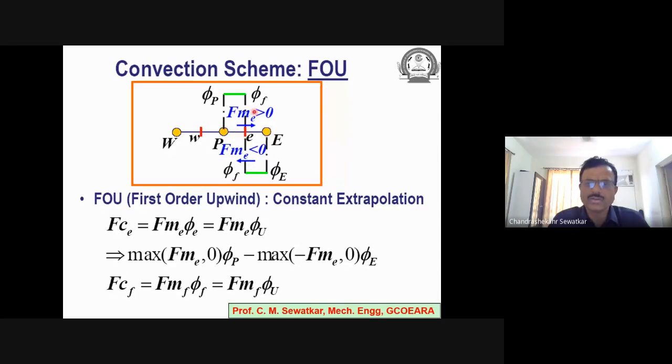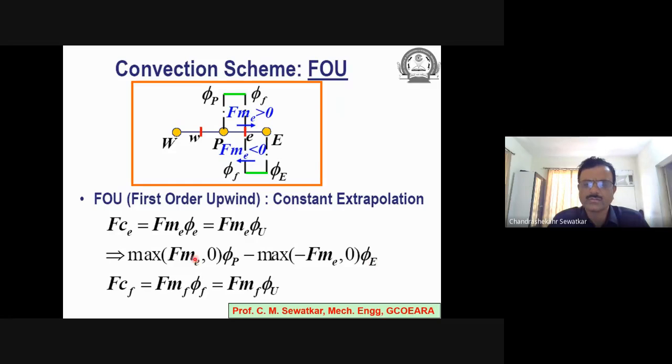So which value shall I use, phi_P or phi_E? Phi_P is to be used when my flow is in positive x direction. Phi_E is to be used when my flow is in negative x direction. So what I do, I write an expression like this: maximum of F_me, comma 0, into phi_P, minus maximum of minus F_me, comma 0, into phi_E.